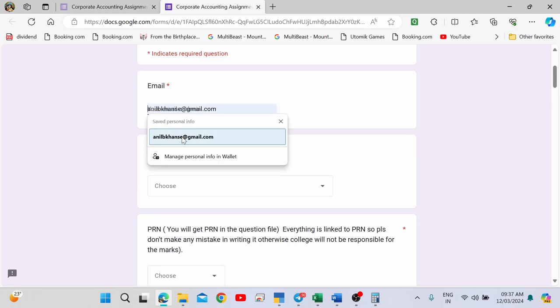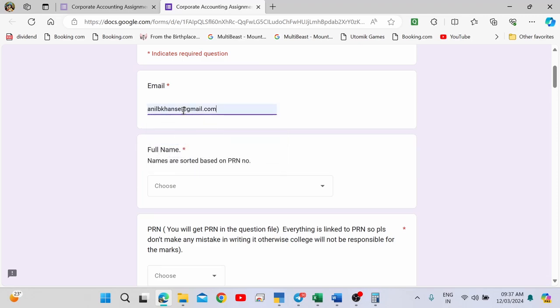Write your Gmail ID. Don't write the college library ID. You can type your friend's, your father's, your brother's, any ID other than your college ID. Why? Because you will not get your score then. The score will be recorded at my end, but you will not get the receipt or the mail of the score.